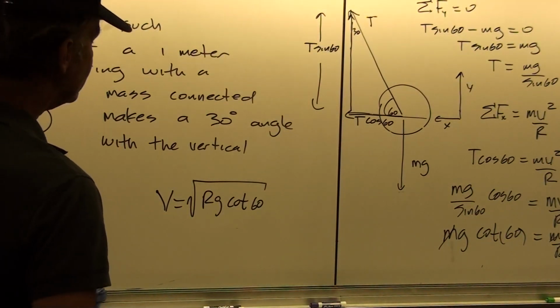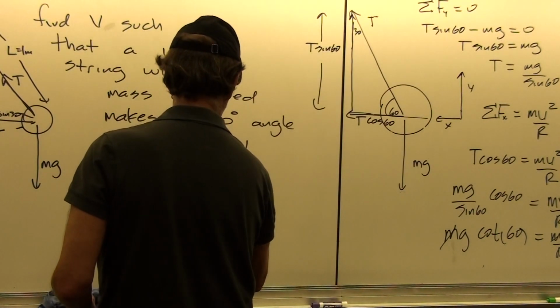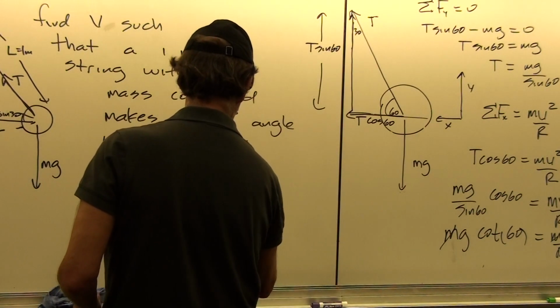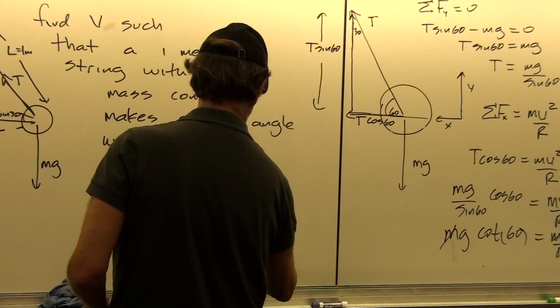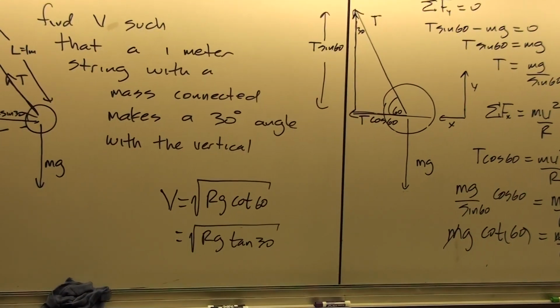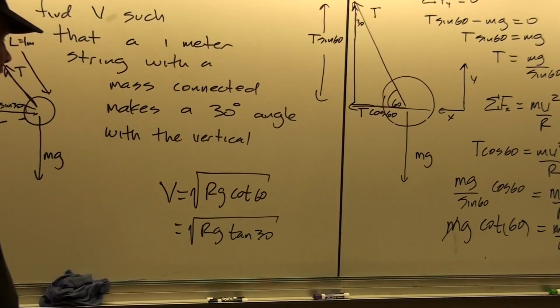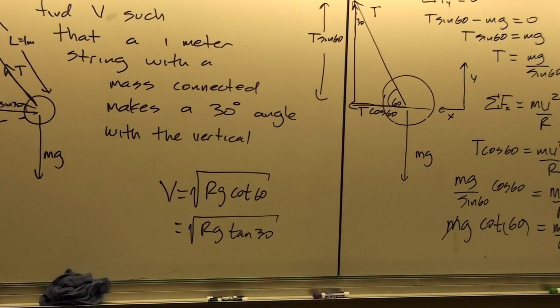And that's also the tangent of 30. So I can write it that way too. I don't need to make that change here, but this is rg tan 30, because the cotangent, the inverse of that, is the tangent of the complement.